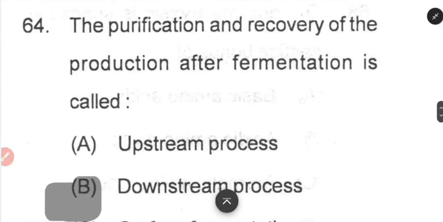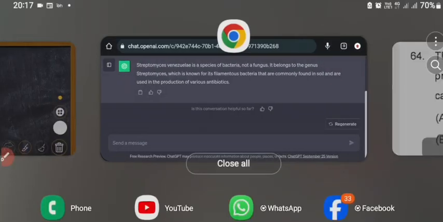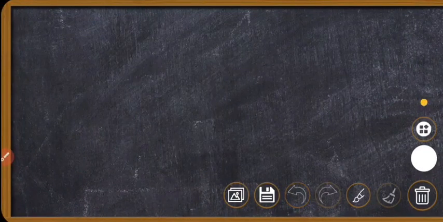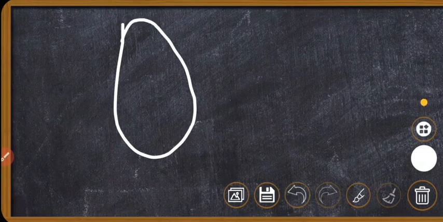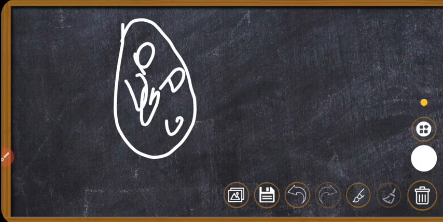Next question. The purification and recovery of the product after fermentation is called downstream processing. What is downstream processing? Suppose this is a fermenter, and when we start producing some antibiotic, this is called upstream processing.